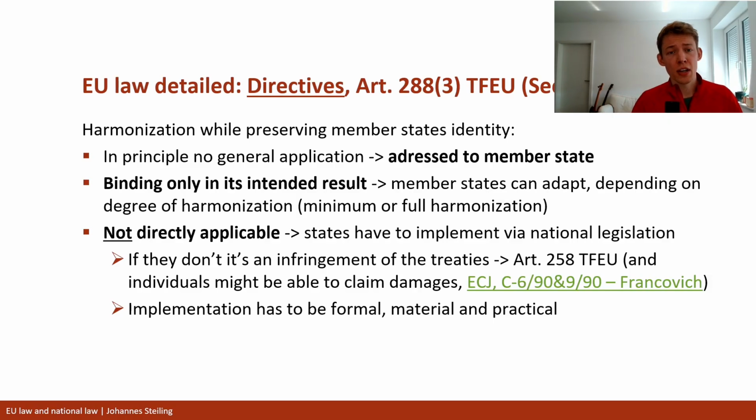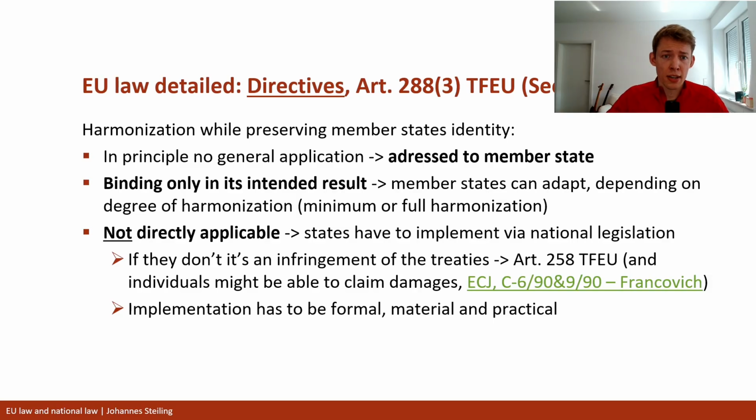So basically the only thing the EU can do, and this is possible either for the Commission or another member state, is launch an infringement procedure. So it is an infringement of the treaties, more specifically of Article 288 TFEU, not to implement directives. So they can sue the member state, and then the ECJ will say, well, member state, you violated your obligations from the treaties.